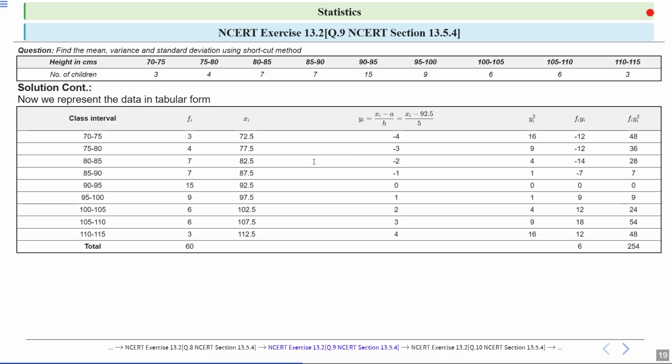Here, in the bottom we calculated summation fi, that is n equal to 60, summation fi times yi is 6, and summation fi times yi square is 254.